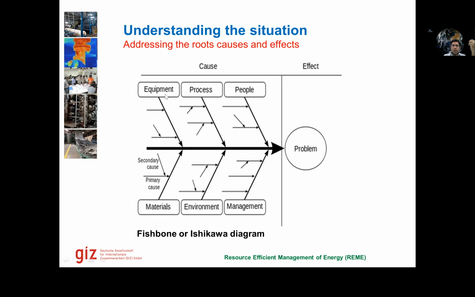Equipment goes into machine, process and management go into methodology, and people go into man. Environment can be shifted to the effects part in this case as well, so what are the environmental effects going on? And if we're talking about environmental conditions that are affecting this problem, then this can be shifted to the methodology aspect as well.